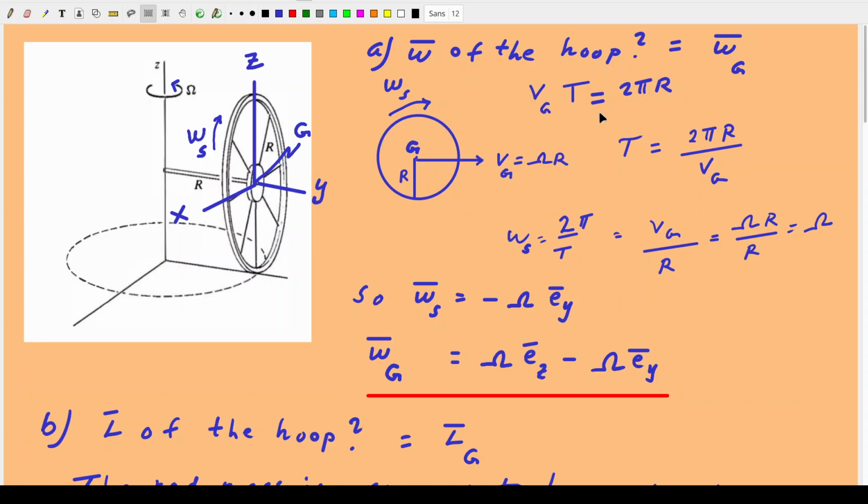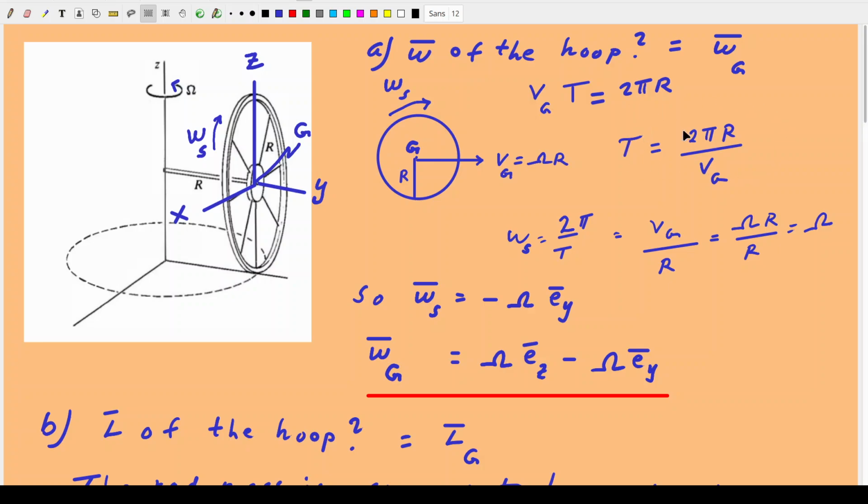And if there is no slippage against the floor, then the distance traveled is also the well-known formula, 2π times the radius. So then we get some information here.